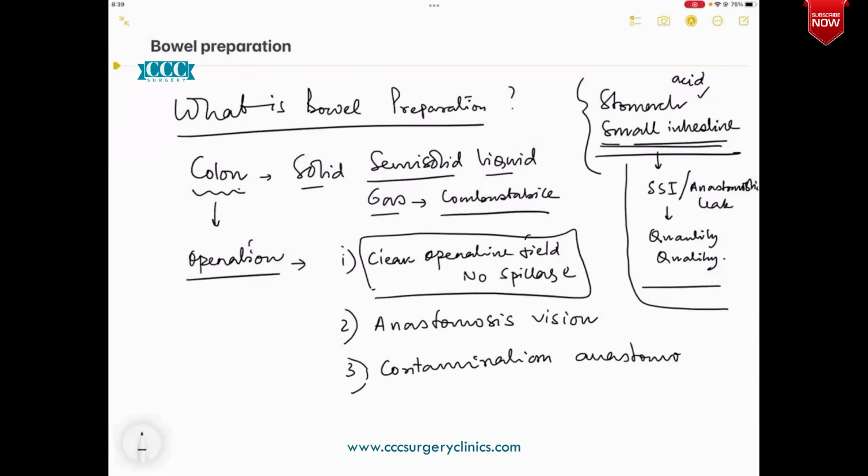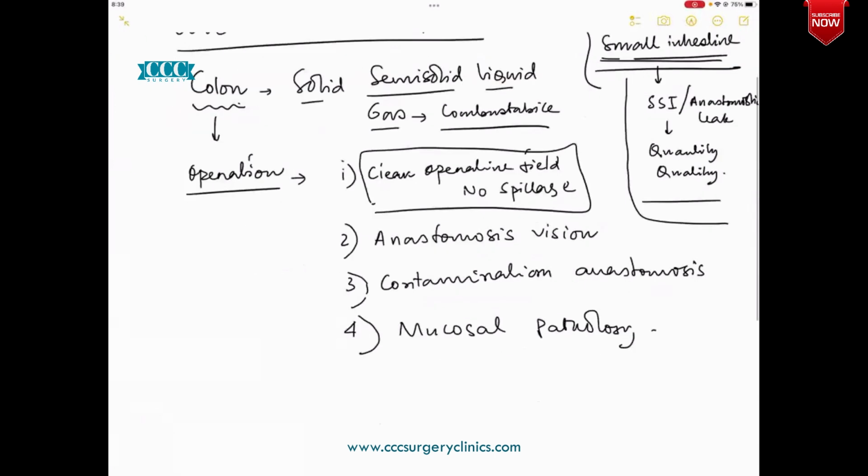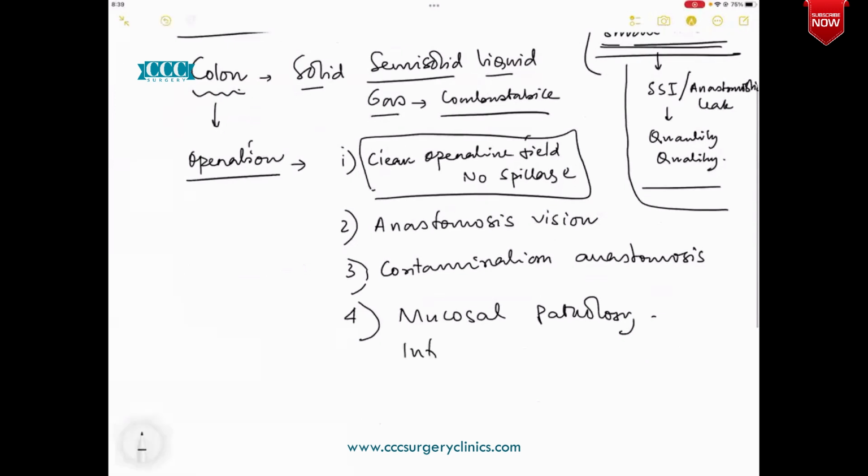The last point is that if you need to see for mucosal lesion or mucosal pathology, particularly if you are planning to do an intraoperative colonoscopy, then definitely you need a clean bowel.